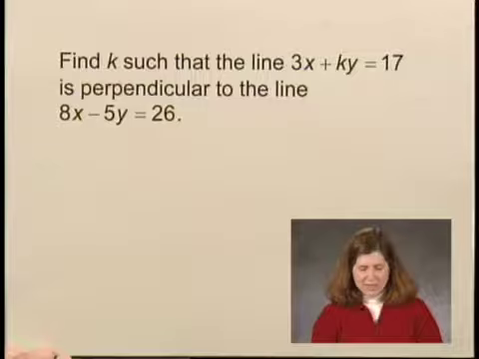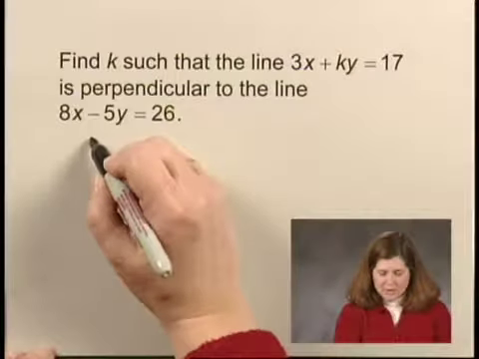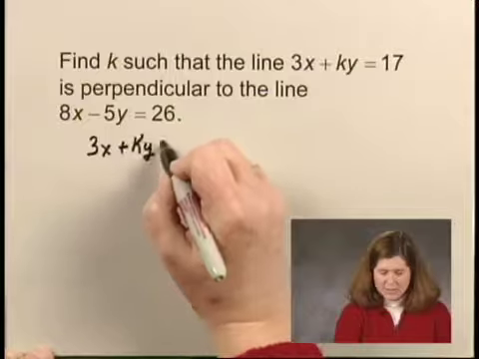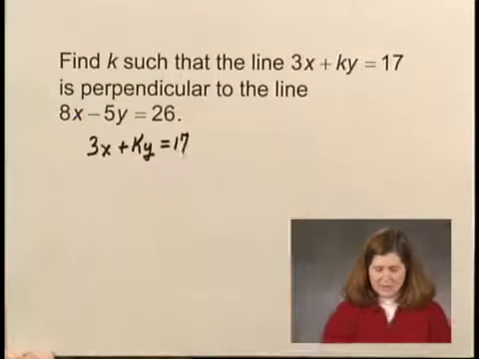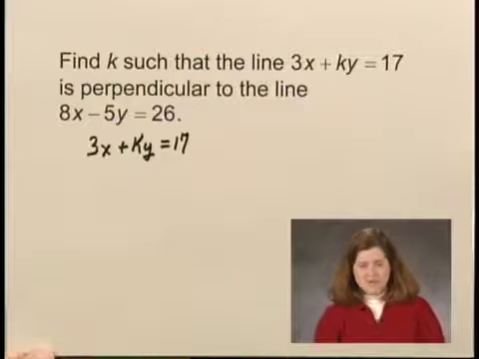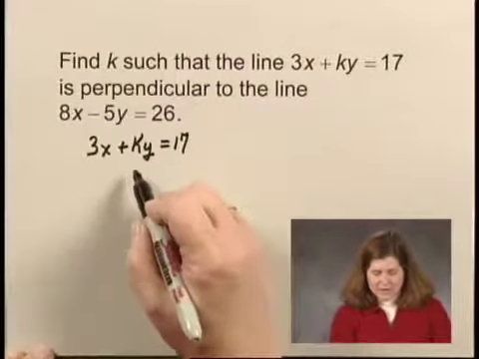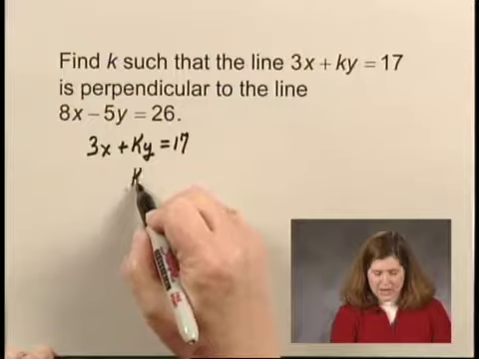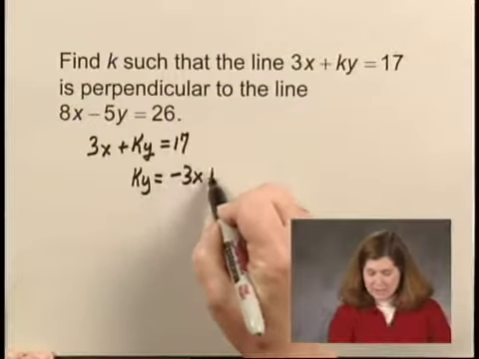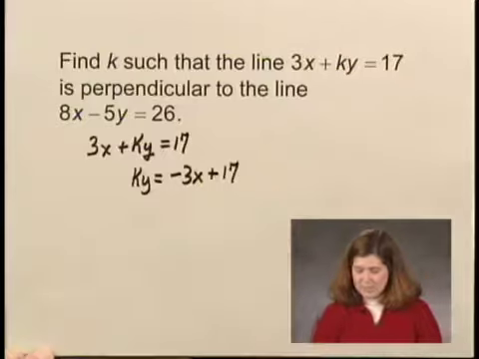Let's start by doing that and see if we can work from their slopes to be able to find the value of k. Well, if the first line is 3x plus ky equals 17, we're going to solve for y and then determine the slope of the line. Subtracting 3x, we have ky equals -3x plus 17.